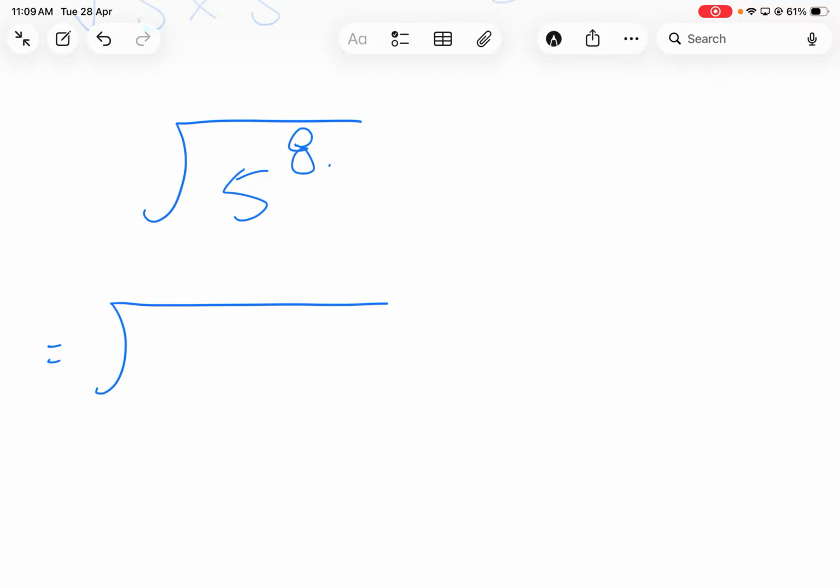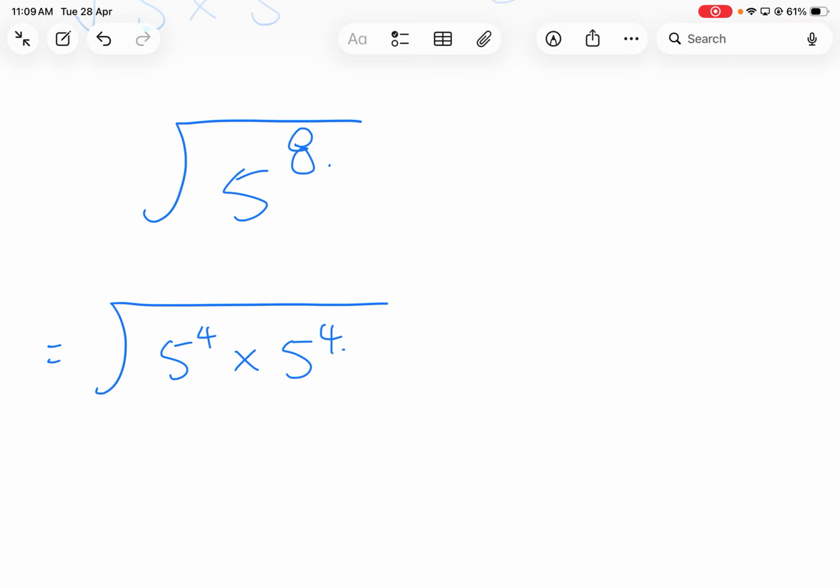I want to simplify or change 5 to the power of 8 into something times something. Itself times itself. And what will be the itself? 5 to the power of 4, because when I multiply 5 to the power of 4 times 5 to the power of 4, I am going to add up the power. It is going to become 5 to the power of 8, sorry.